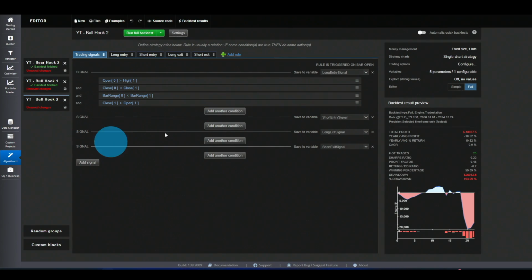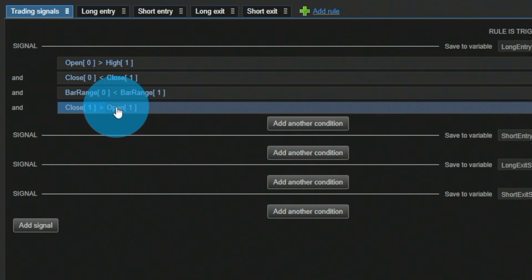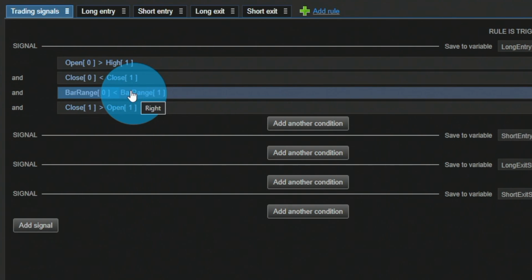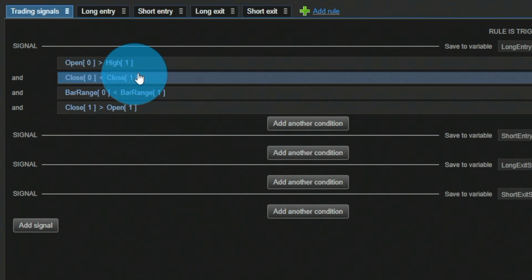So again, let's try to find the culprit for why we are getting a very low number of trades. Unfortunately, this time we don't have a lot to play with. I mean, we can play with this one and the range, but the hook is based on these two, so we cannot remove these.